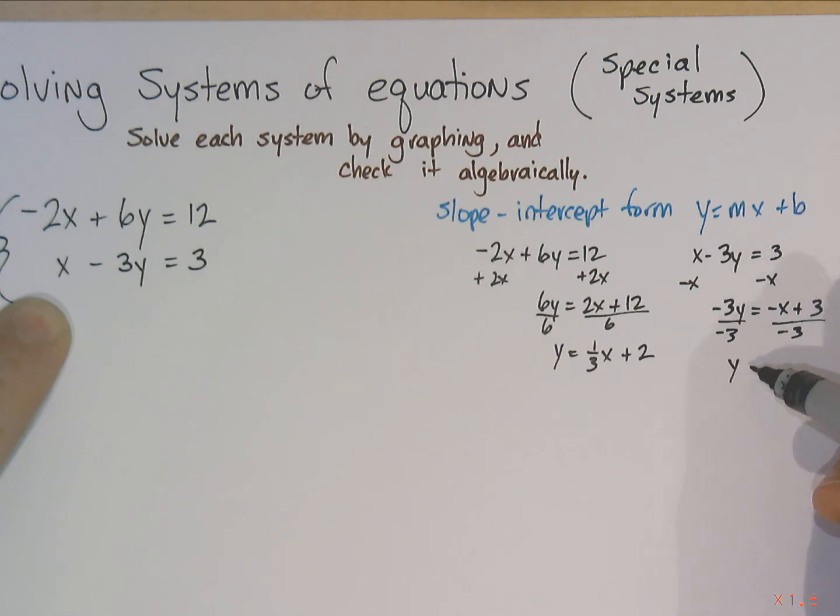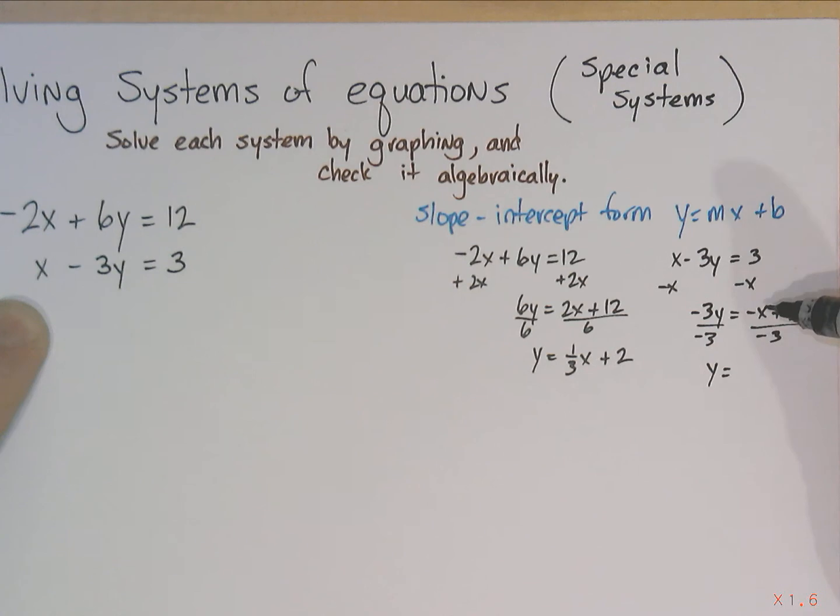So negative 1 divided by negative 3 is just 1/3. If you have a negative on top and a negative on the bottom, that's a positive 1/3 x. And that's minus 1. My bad, minus 1. Sorry about that.